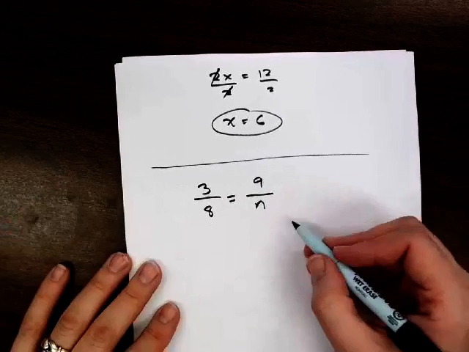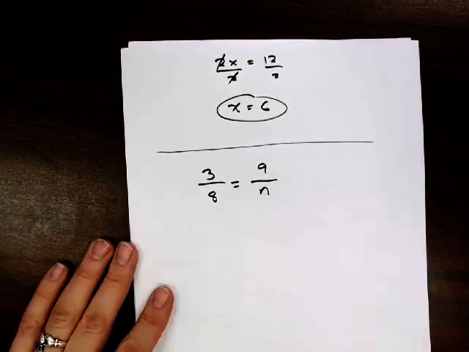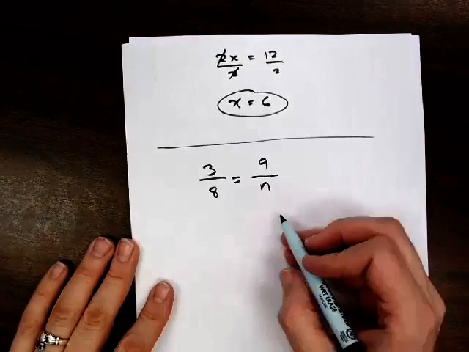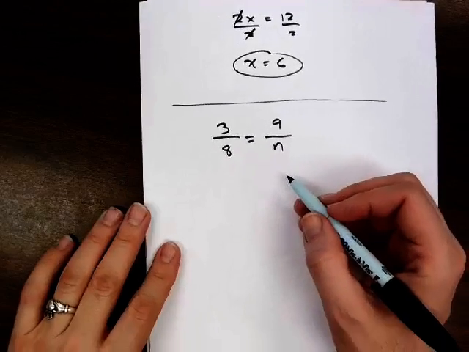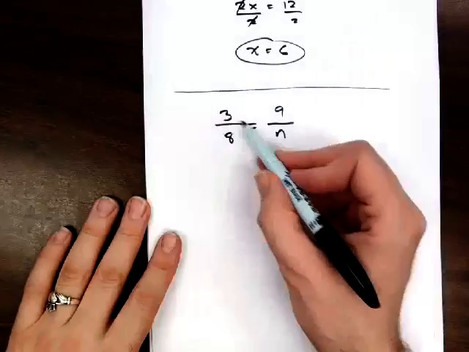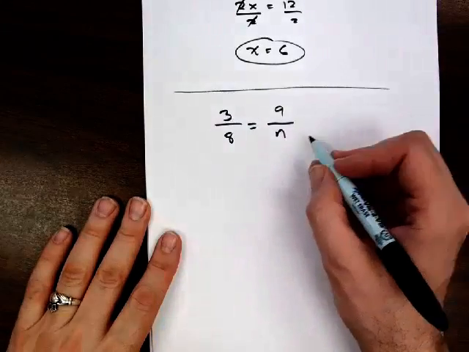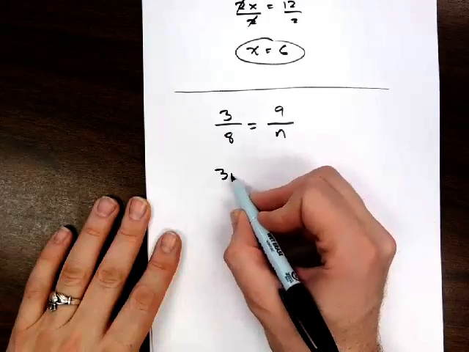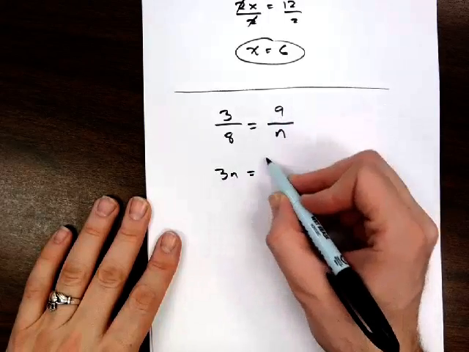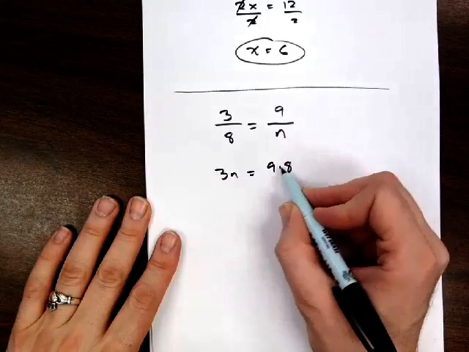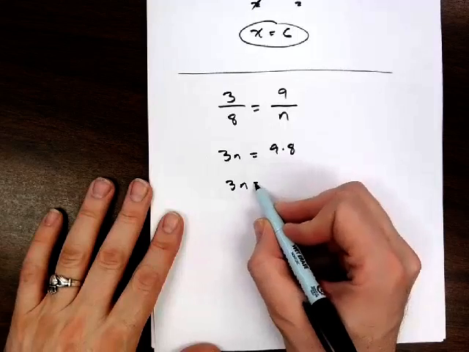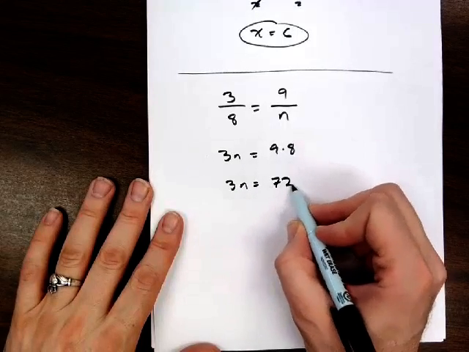And again, this unknown variable could be anywhere, but we're going to go ahead and take the product of these two. We're going to cross multiply. So we've got 3 times n, and that's going to be equal to 9 times 8. Okay, so I've got 3n is equal to 72.